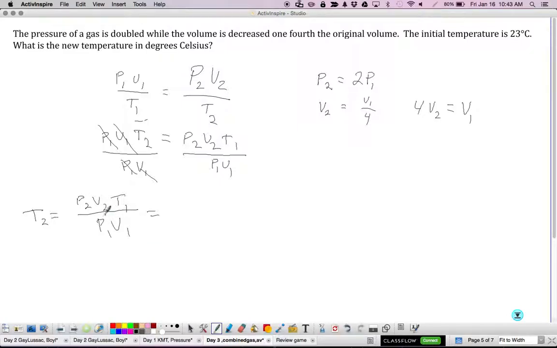All right, now I'm going to start plugging stuff in. Okay, so P2 is 2P1. So I'm going to substitute 2P1 into P2. V2 I'm going to leave because I'm going to substitute for V1.